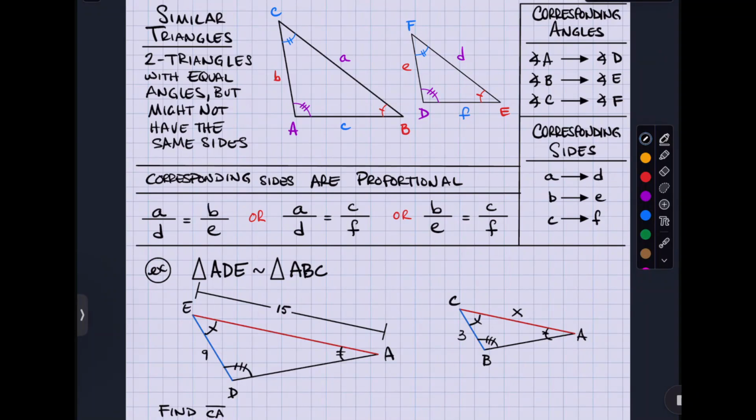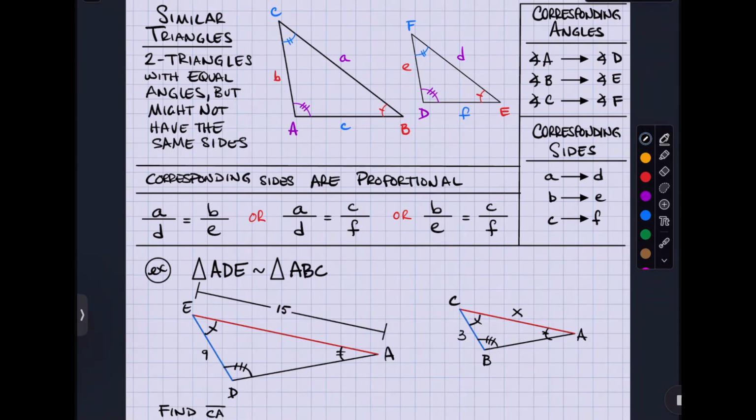Okay? Now, when they tell you that two triangles are similar, they're probably going to say it just like this: triangle ADE is similar, which is that squiggly line, to triangle ABC. So that means angle A and angle A are equal, D and B are equal, and angle E and angle C are equal.